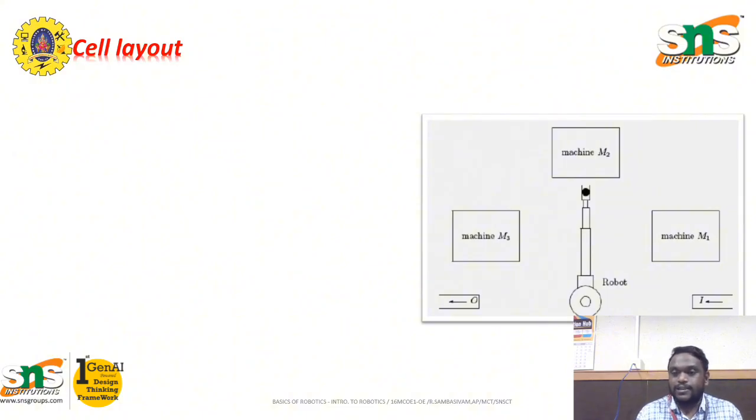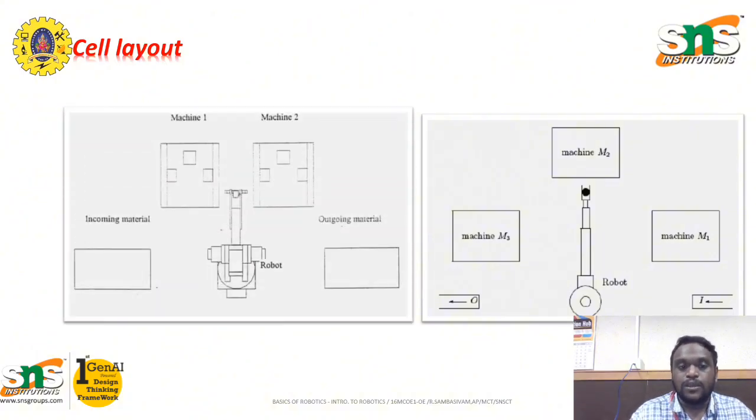This is inner threading, and after making the hole in machining one using a drilling machine, it is transferred to machining two, where we can use a thread machine. Finally in machining three, the surface finish is carried out, and once it is done, the part is transferred to an output conveyor. So how machining is carried out using a single robot is explained in this robot cell layout.